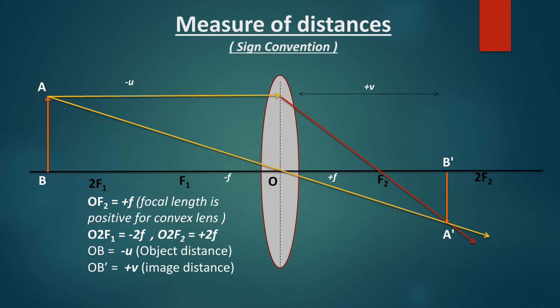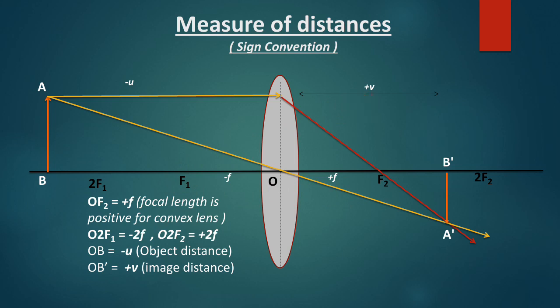Now for this particular condition we are getting the image here, so this image distance, from O to B dash, is taken as the image distance. As the image is to the right of this lens, we will take a positive sign here. V is the image distance and we are taking a plus sign here. Why? Because the image is at the right. If the image forms at the left, we will take V with a negative sign.